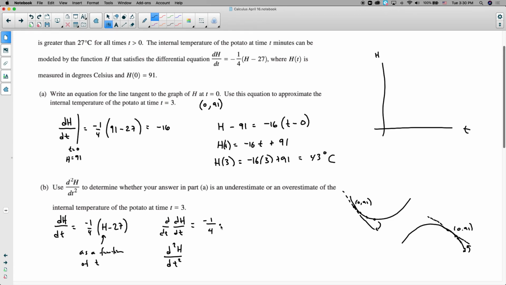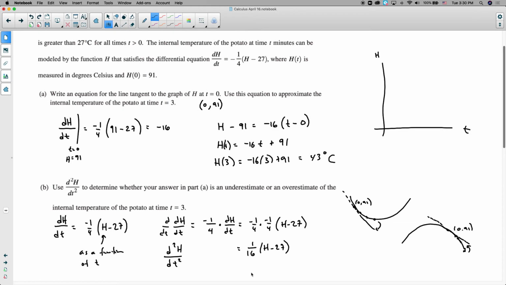But then by the chain rule, we need to take the derivative of h. All right, so then I have negative 1/4 times dh/dt again, and we know what dh/dt is. Okay, so now I've got 1/16 (h minus 27).